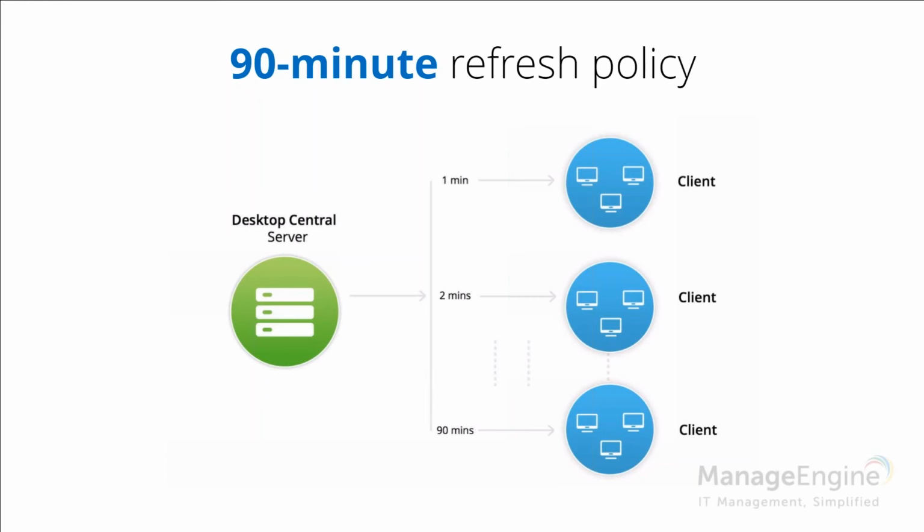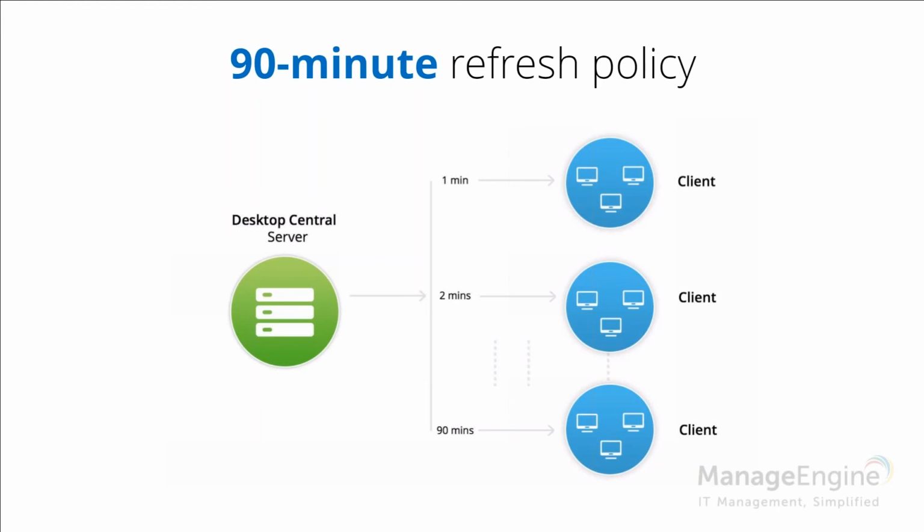The Desktop Central agent contacts the server every 90 minutes. This is called a refresh policy. Using this process, all the computers in the network contact the server periodically, and two important factors are ensured.